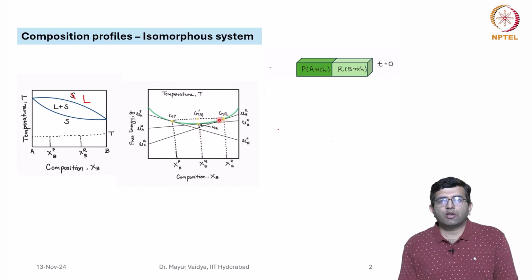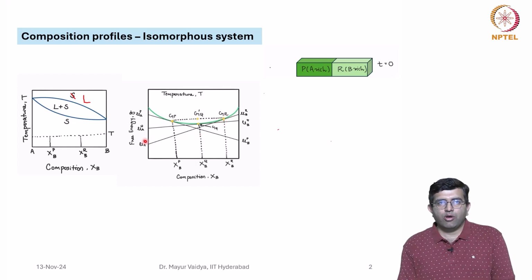Then for the alloy R, similarly we draw a tangent here. You see this is where it intersects the B axis. So this is mu B in R, and this is mu A in R.